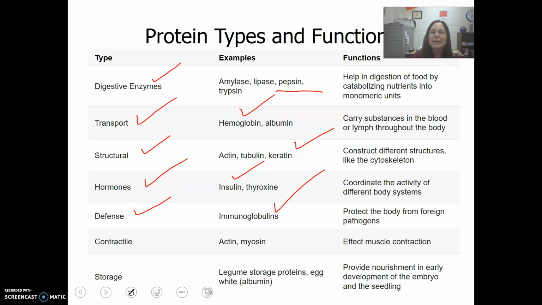Immunoglobulins are also called antibodies. That's another word for antibodies. Which function in our immunity and our immune system. And proteins can also be contractile, help our muscles contract, actin and myosin, and they can be storage proteins like egg white, which is also called albumin.